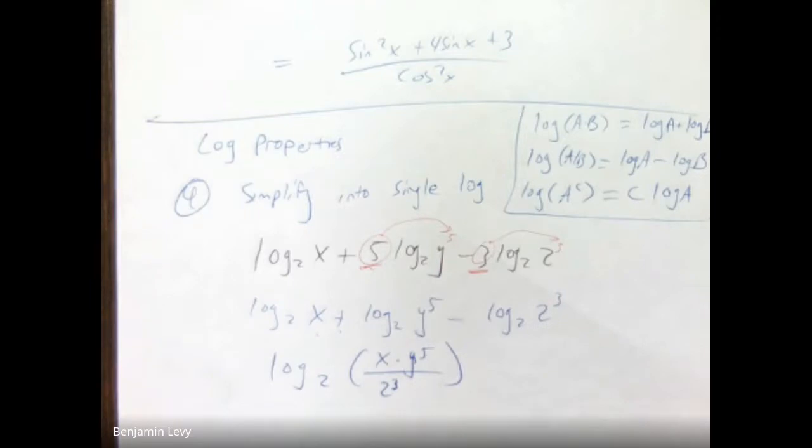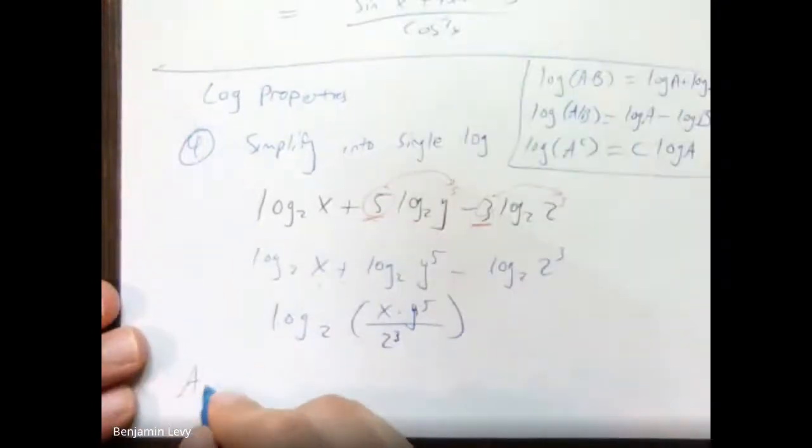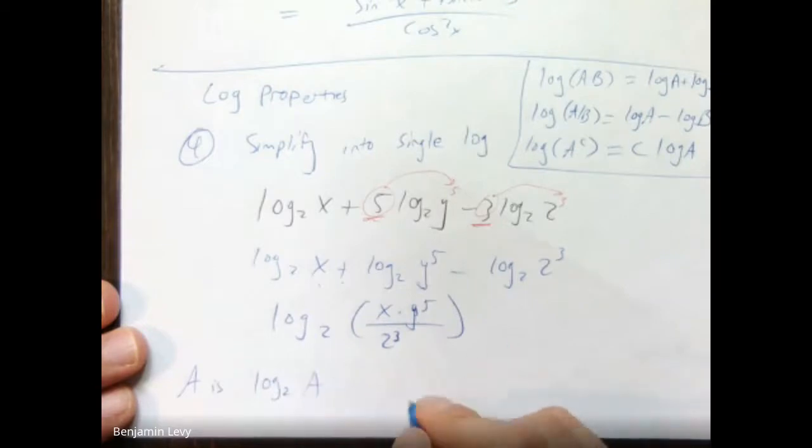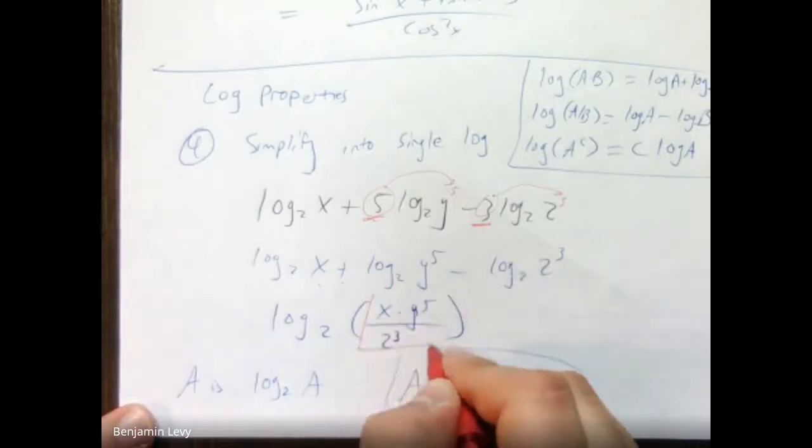Now, the way that the problem is set up, it says the answer is log base 2 of a, and then it wants you just to enter what the a is. So it just wanted you to enter what was inside there, and you tried to enter the whole thing, it looks like.